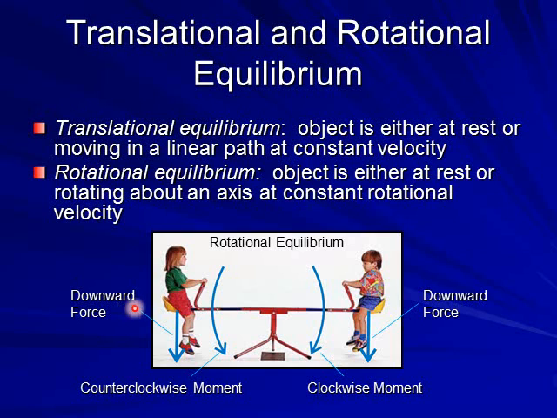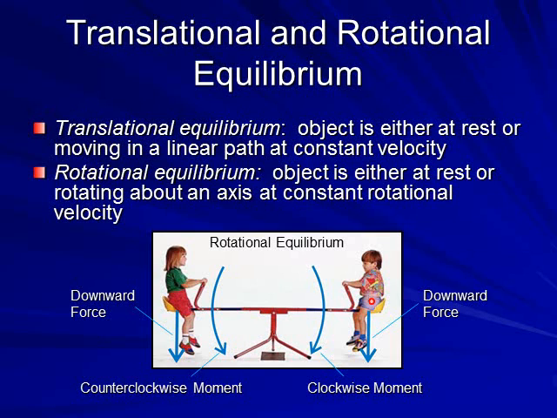The downward force from the girl acting across the axis of rotation to the point where that girl is sitting, its moment arm, is going to be producing a counterclockwise moment, or a tendency of that girl to force the seesaw downward on the left-hand side in a counterclockwise direction.